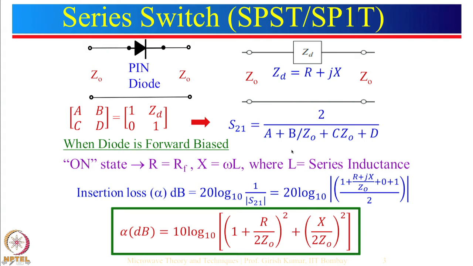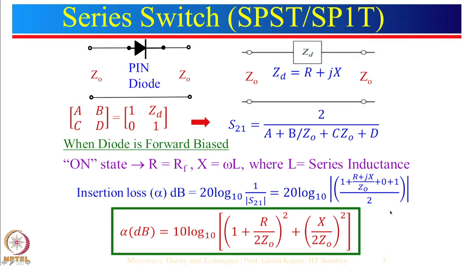Now let's substitute the value of S21 in this expression, since we know the ABCD parameters. So 1 over S21, this thing will go up. We have A is 1, B is ZD, ZD is R plus jX, so R plus jX divided by Z0, plus C is equal to 0, so we have 0, plus D, which is equal to 1.